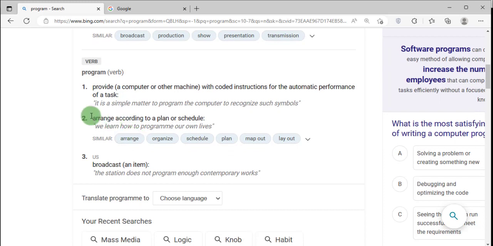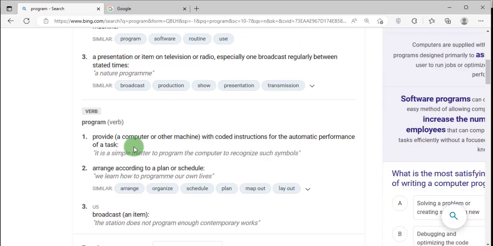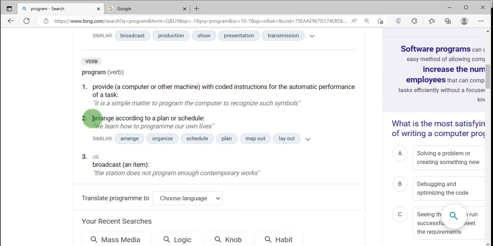Okay, so let's dive into the second definition. Program is to arrange according to a plan or a schedule. Here it is again, like the third definition, stated times, broadcasting regularly between stated times. It is saying that we need to arrange something according to a plan or a schedule.